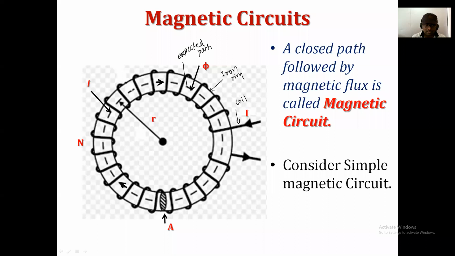So inside this iron ring, the magnetic flux is flowing. I have shown the path of the magnetic flux with a dotted line, and here we assume that the magnetic flux will be set up in a clockwise direction. Get my point? Now we have to derive one important derivation.